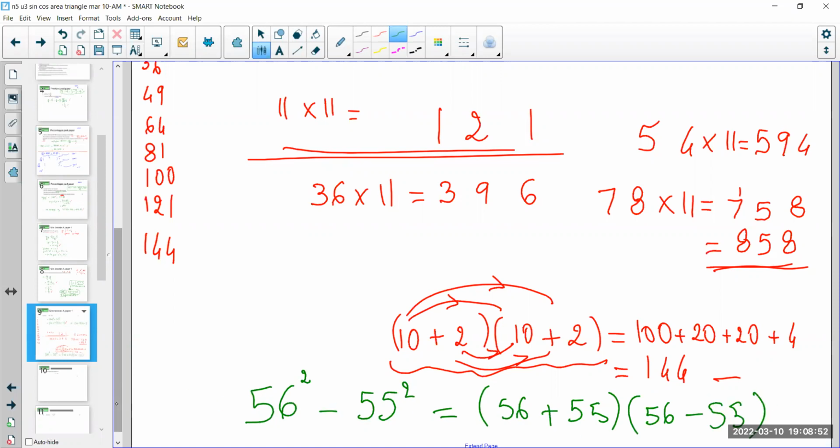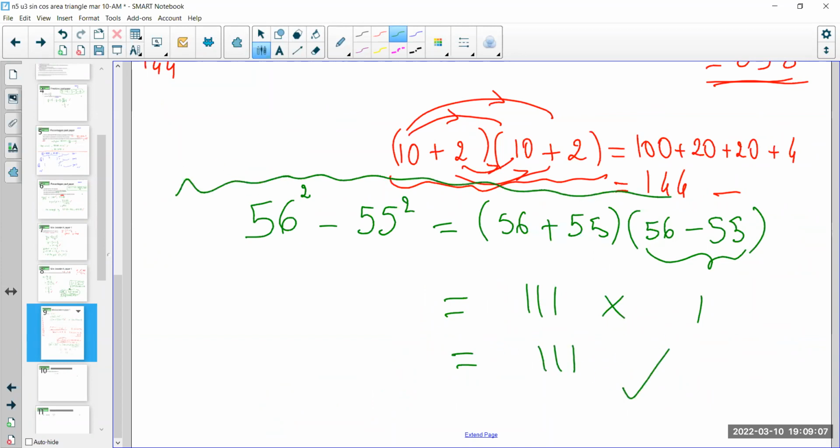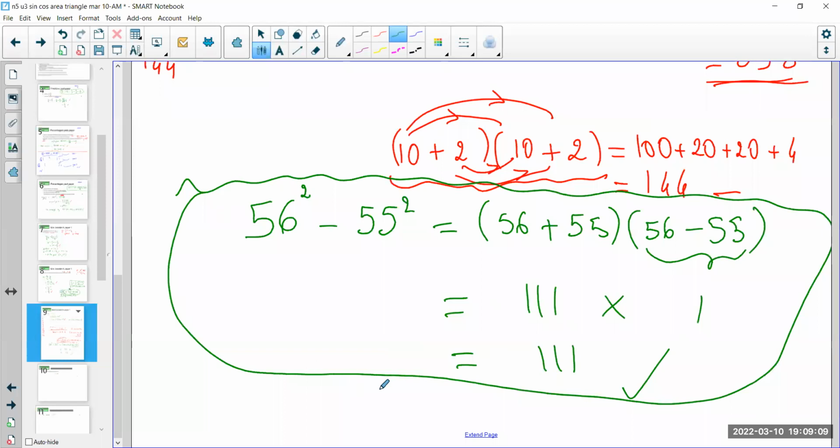What is this? 1. 56 plus 55, 111. What is 111 times 1? You've just applied a difference of 2 squares in a problem where they've asked you something quite complicated.